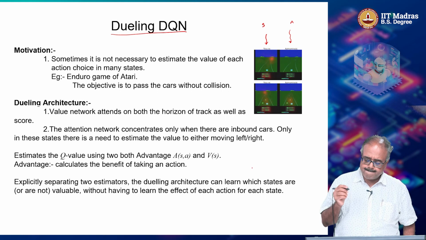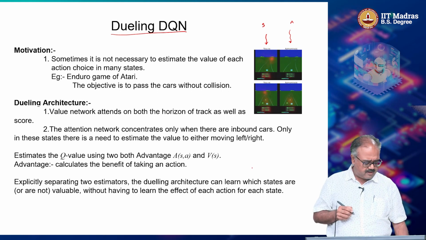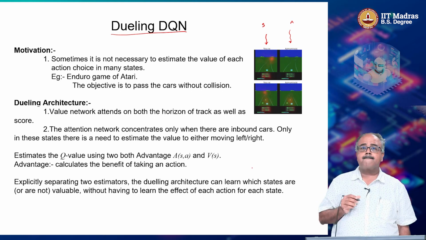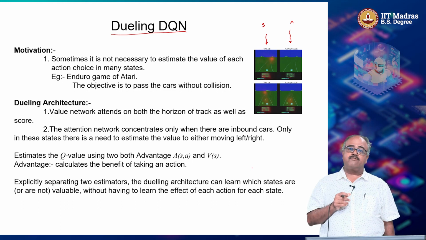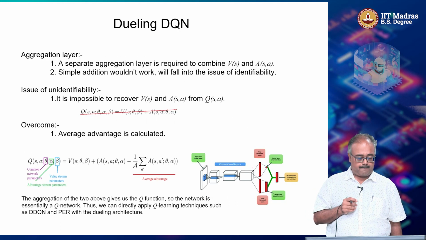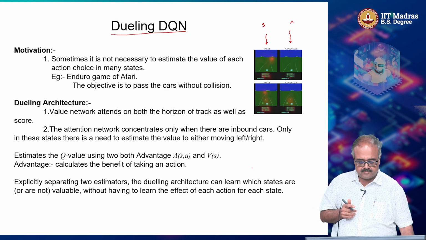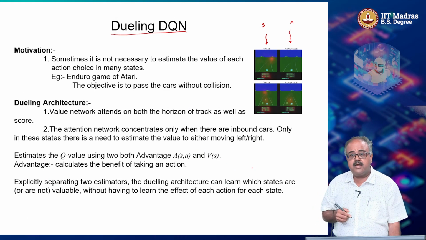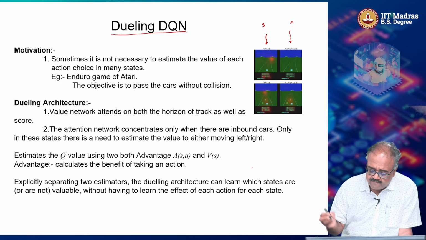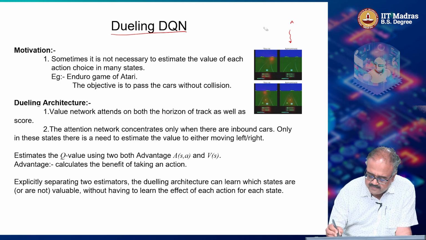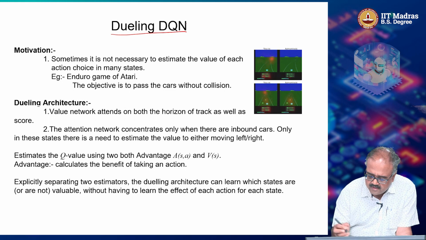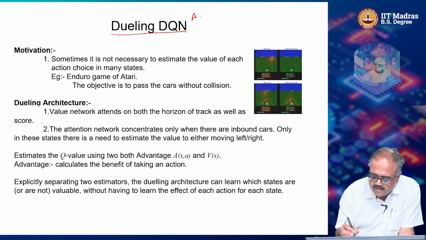So let me talk to you about a specific decomposition of the Q function that we are going to look at. We're going to define something called the advantage function. Let me make some room for myself.